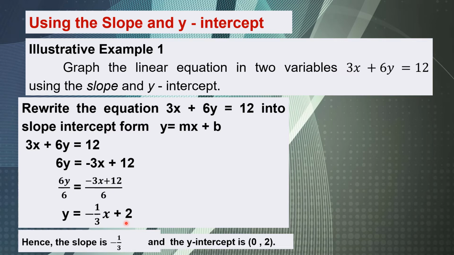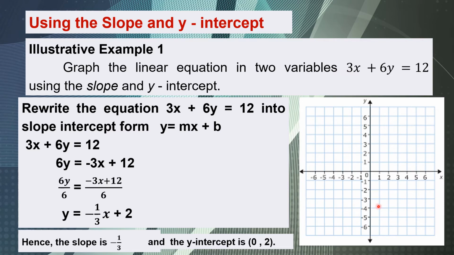So pag sinulat natin ito, ay (0, b). So we have now 0 at yung b natin ay positive 2. So since we have now slope and y-intercept or yung point natin na (0, 2), pwede na natin siyang i-graph or i-plot sa ating Cartesian plane.